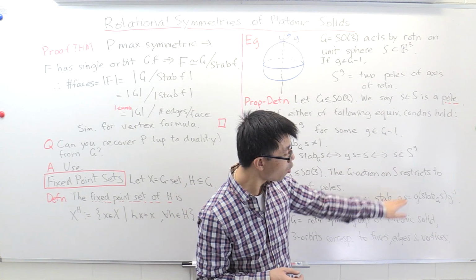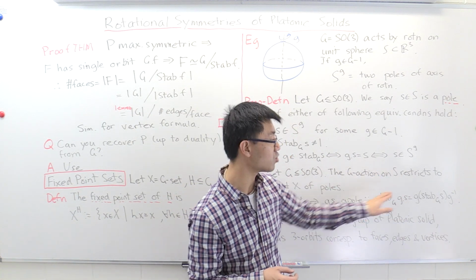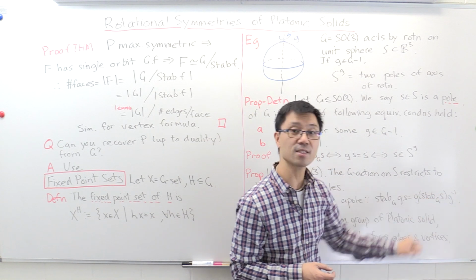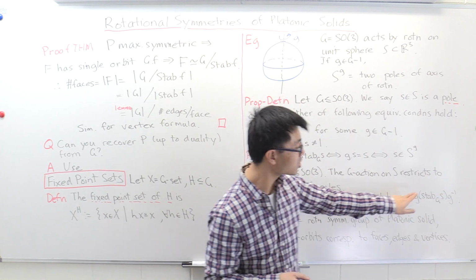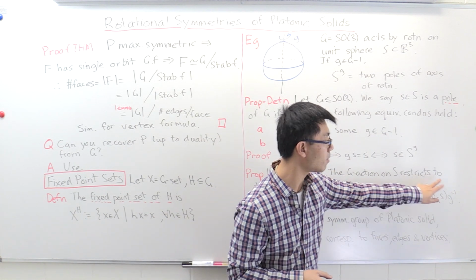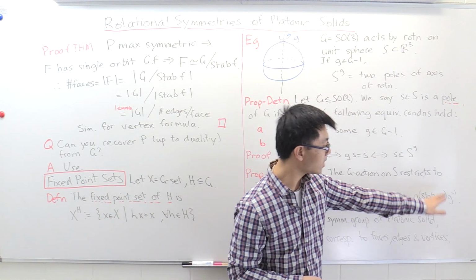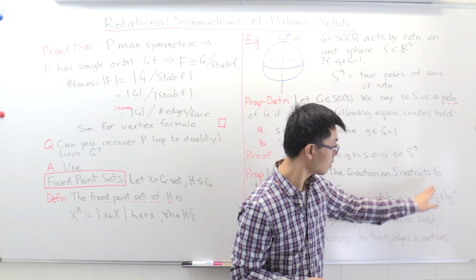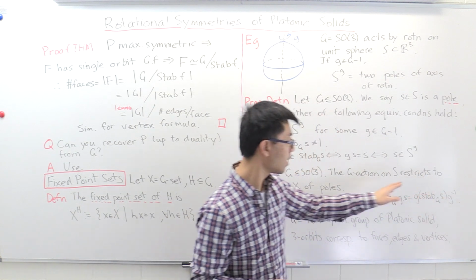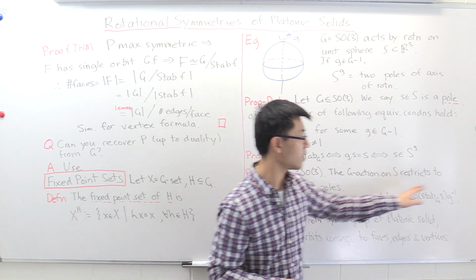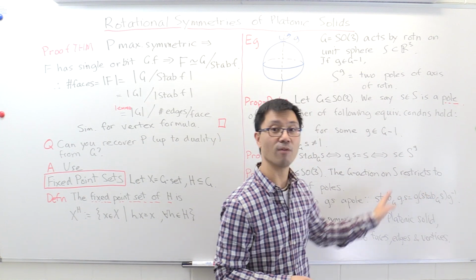But the point is that we know the relationship between the stabilizer of G dot S and the stabilizer in G of S. This stabilizer is just a conjugate of this stabilizer: G times the stabilizer in G of S times G inverse. And it's quite easy to see that once this is not equal to 1, this is also not equal to 1. They're if and only if. In fact, they have the same number of elements.